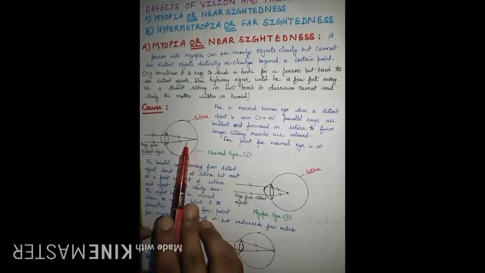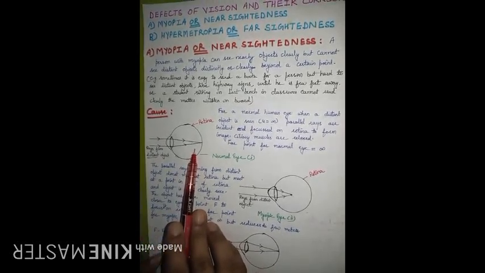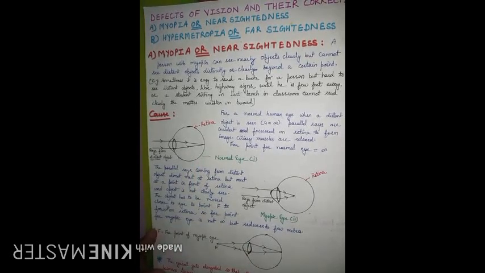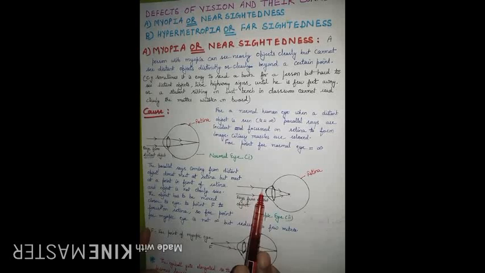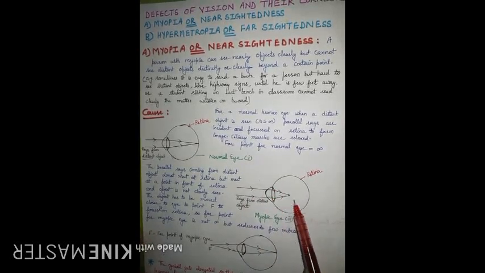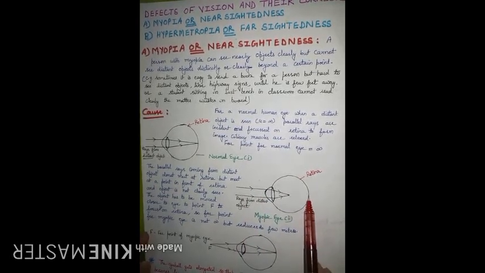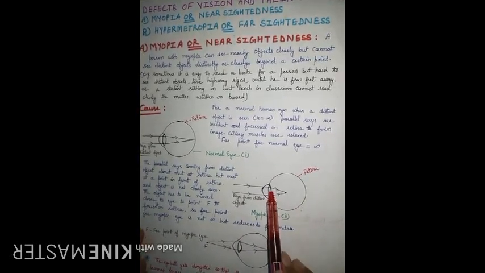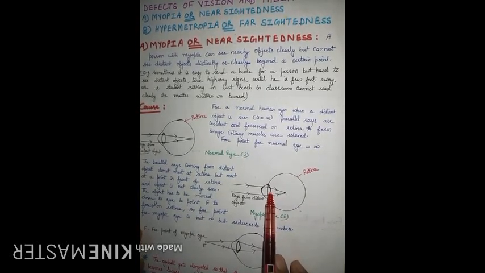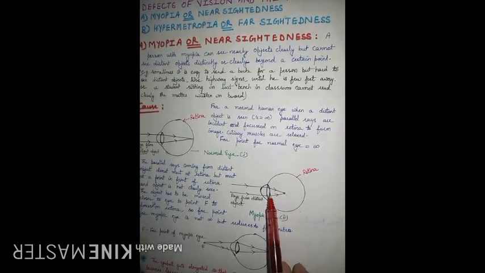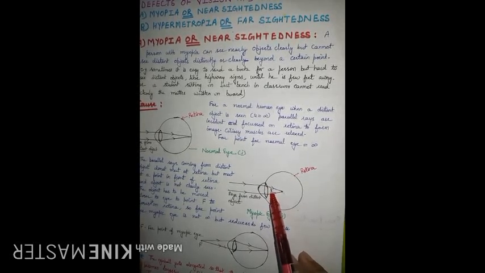But what happens when we consider an eye that is suffering from myopia? In this case, the rays will come from a distant object. But the capability of the eye is not such that it will focus those rays on the retina. Converging power is increasing. The bending which is needed is less, and the amount by which bending is taking place is more.